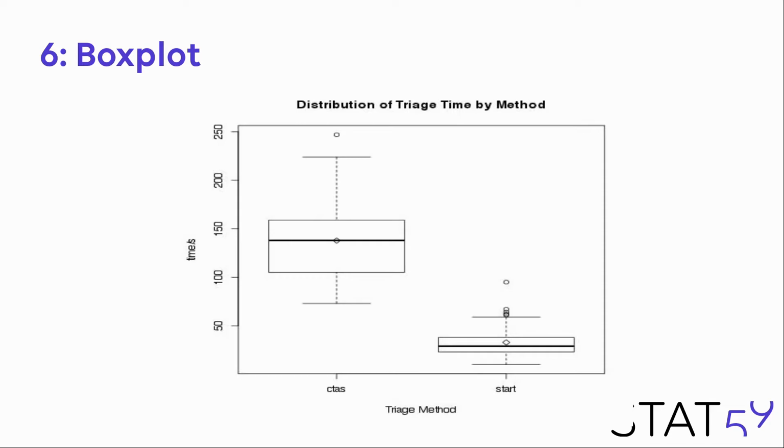In this case, we see very easily in the center, the bold line is the median for each of these methods. So we see the median time in seconds for CTAS is approximately 140, and we see that the median time for START triage is approximately 40.